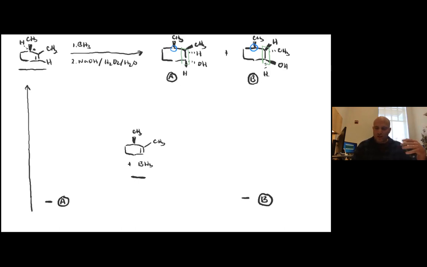What does the transition state leading to A look like? Well, something like this. So you're starting alkene with the methyl group, and your borane is coming in from the bottom face.